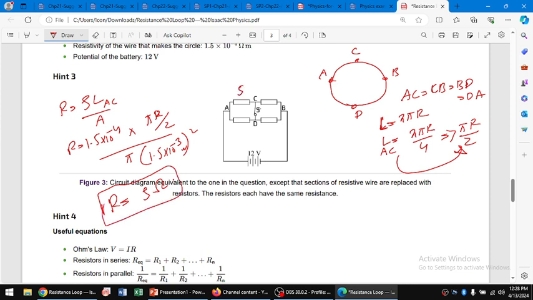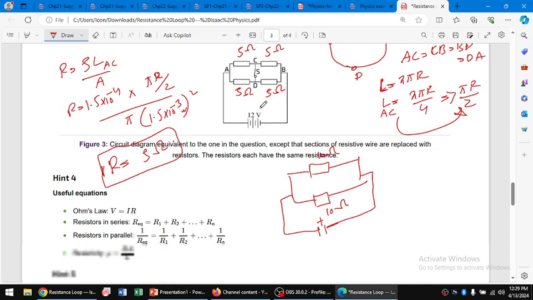So this is 5 ohm, this is also 5 ohm, this is also 5 ohm, and this is also 5 ohm. Okay, so the modified circuit is 10 ohm, 10 ohm, and 10 ohm, because these two are in series.